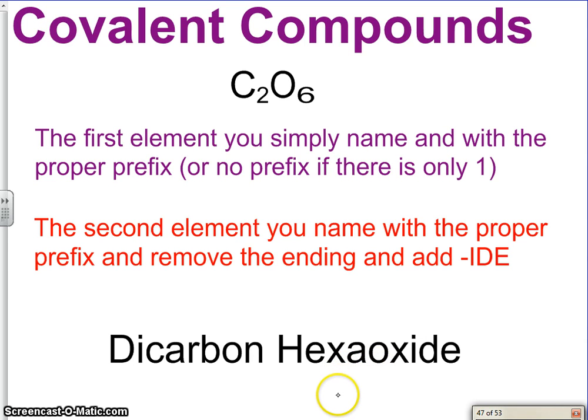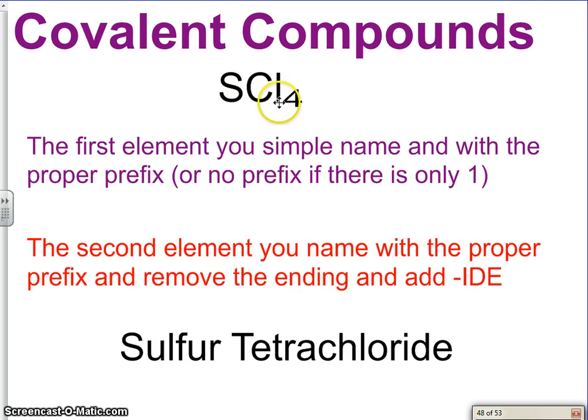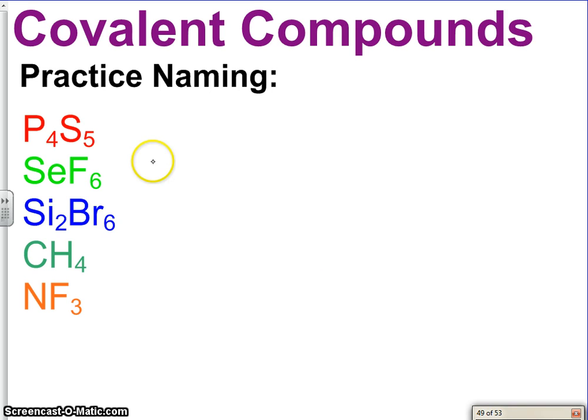It doesn't really matter, both are technically correct and it's kind of your preference and your teacher's preference as well. Okay, SCl4. There's only one sulfur, so we don't need a prefix here. We just name sulfur, so sulfur. 4 is tetra. Chlorine becomes chloride, so tetrachloride. Sulfur tetrachloride.